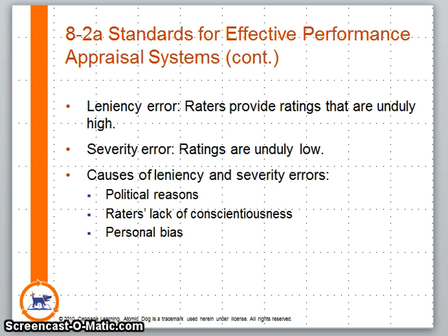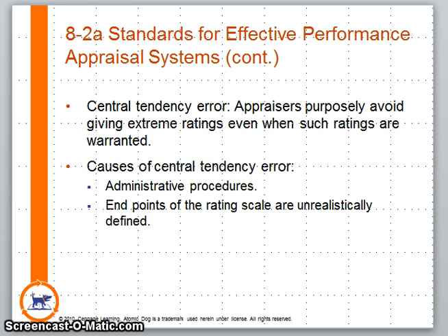Causes of these types of errors, both leniency and severity, could be political reasons, the rater's lack of conscientiousness, or personal bias. You would look at this almost as favoritism within the workplace. Central tendency error: appraisers purposely avoid giving extreme ratings even when such ratings are warranted. The causes of central tendency error are administrative procedures, and endpoints of the rating scale that are unrealistically defined.